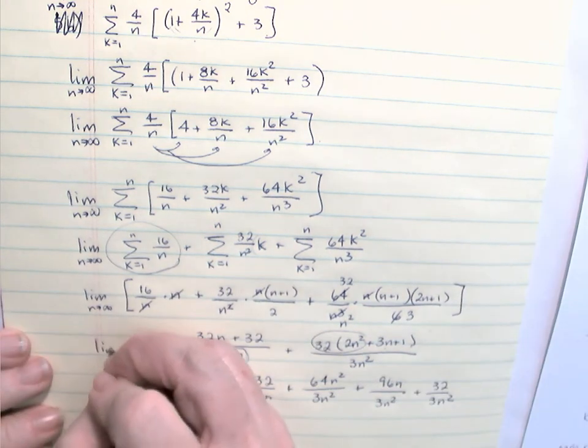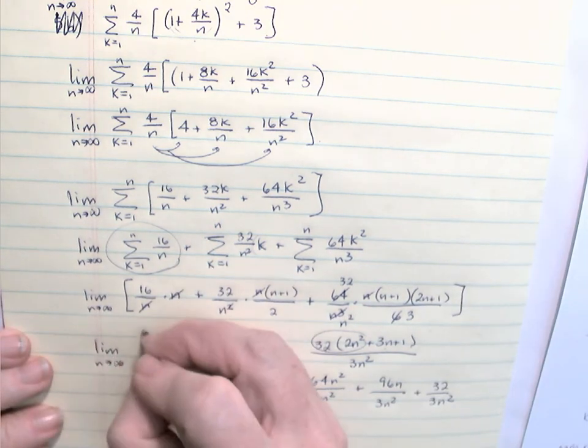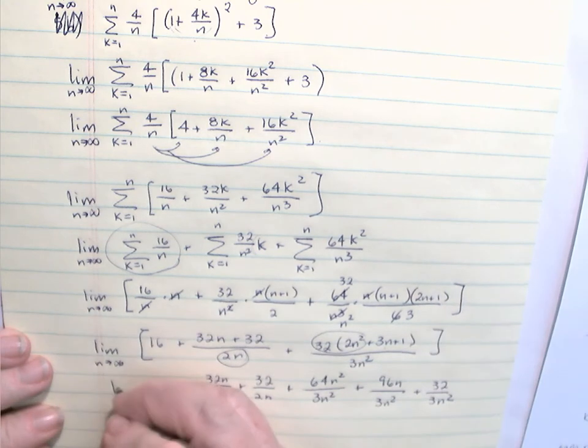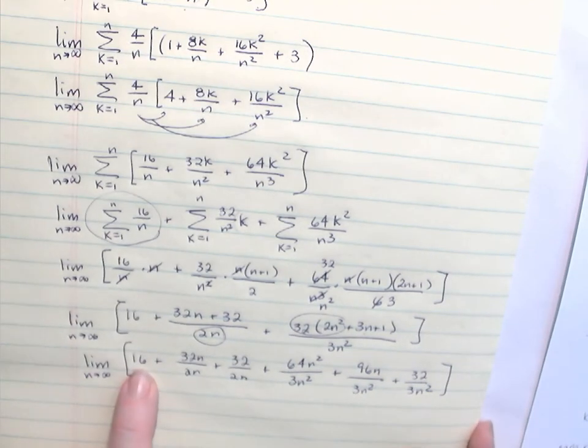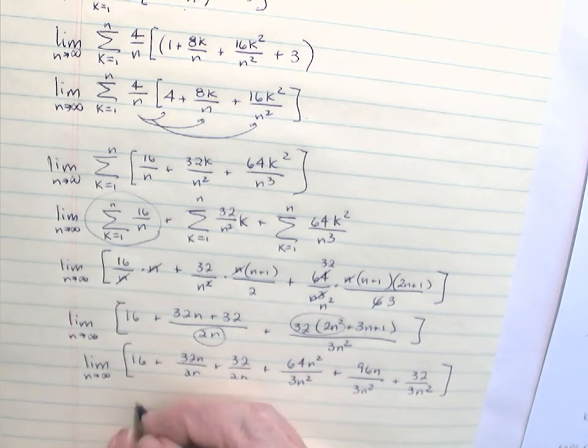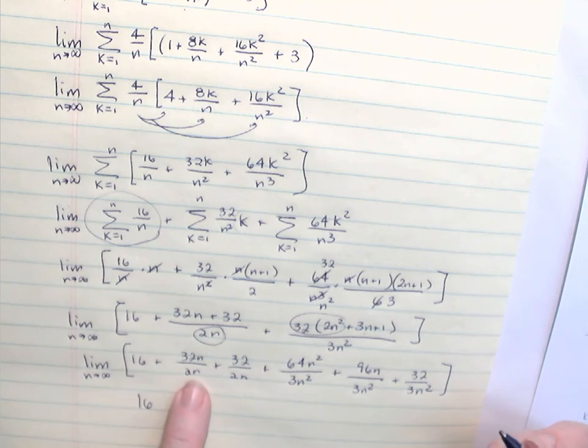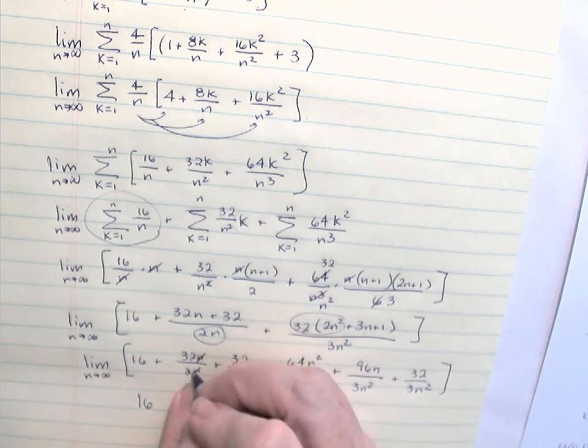And now that I'm up to this part, well, here's what I know. 16 is not affected by what's going on with n, so that's just 16. For my next term, the n's cancel out. So that will just give me 32 over 2.